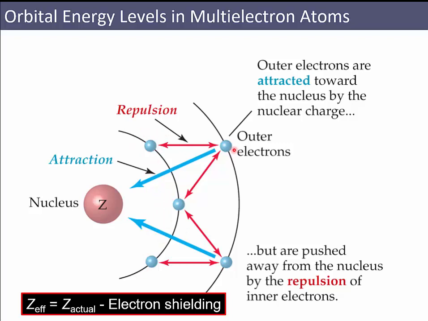So they're going to feel on the outside a little bit less pull from this nucleus than these guys on the inside. So we call that Z effective, which is our effective nuclear charge, which is going to be equal to our actual nuclear charge minus any electron shielding that happens.